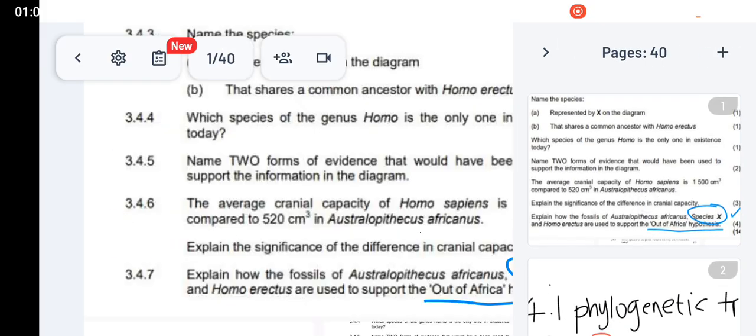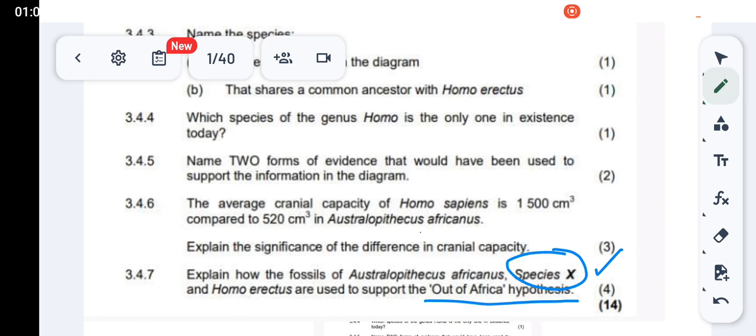So that is basically out of Africa in this question, because they are being specific when they say, explain how the fossils of Australopithecus africanus. So we're going to talk about the fossils. That's why I said fossils of Australopithecus were found in Africa only.